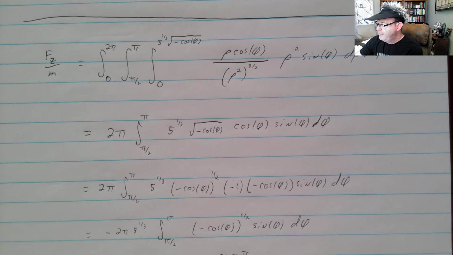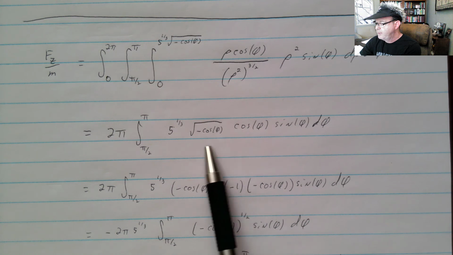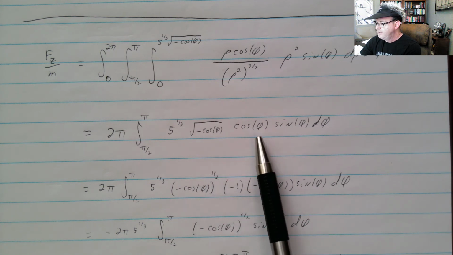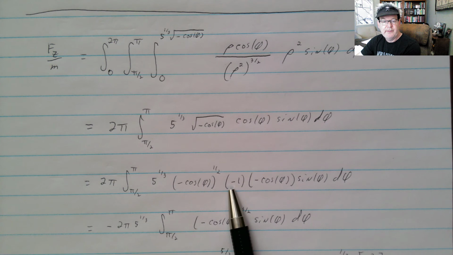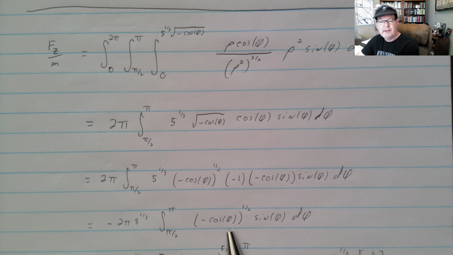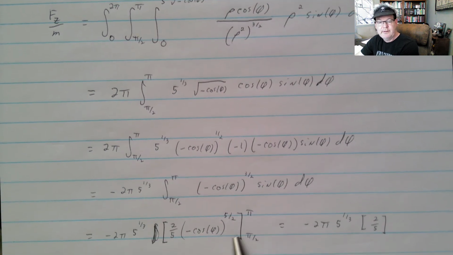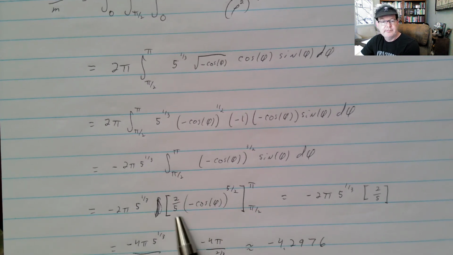Now to integrate this, it's a little tricky. Because cosine is negative, I have the square root of negative cosine phi. So I'll think of this as negative of negative cosine. And then I'll pull this negative out along with the 5 to the 1/3. So now I have negative cosine to the 3/2 times sine. And now u is negative cosine, du is sine. So I just get this to the 5/2 divided by 5/2.